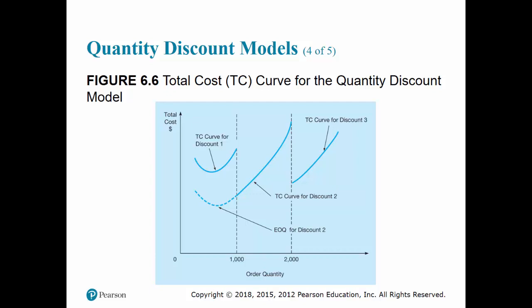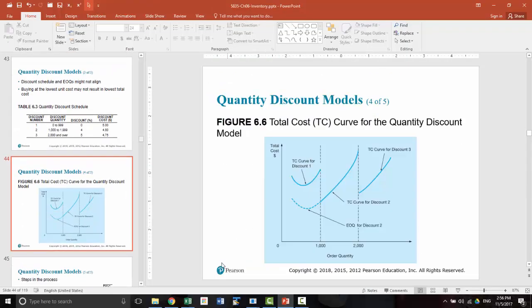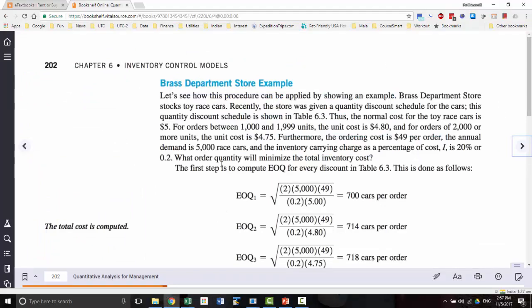So let's head on over to Excel. This is the example that we are working on. Up to 999, $5, then $4.80 for 1000 to 1999, and then $4.75 for orders 2000 and over.